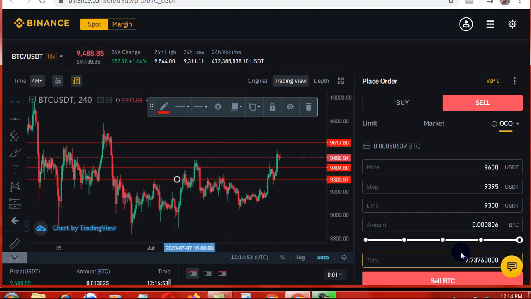So that is it. That means when the price goes up to 9,006, you can sell. When it goes below 9,395, you can also sell at 9,003.